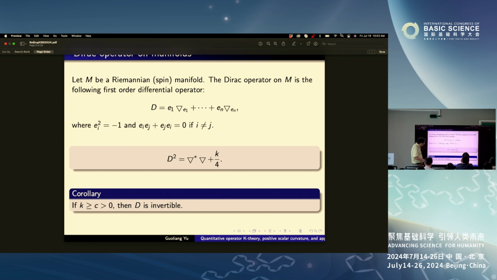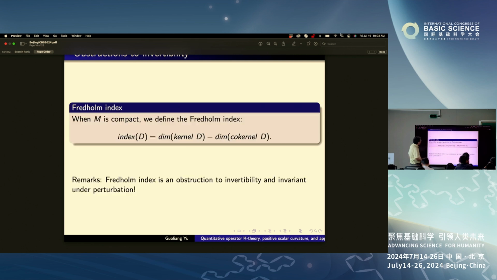But in the infinite dimensional case, we don't have such a thing as a determinant. So here we need a new invariant. This is a purely infinite dimensional invariant, and that's the concept of the Fredholm index. The Fredholm index is defined to be the dimension of the kernel minus the dimension of the co-kernel.